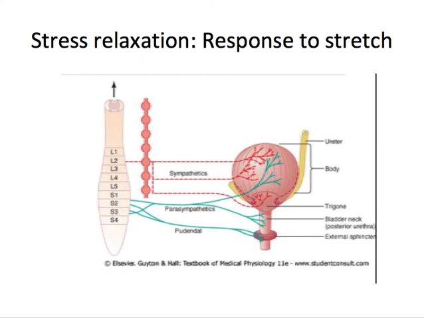Because of this phenomenon, organs such as the stomach and bladder can temporarily store contents. Keep in mind that skeletal and cardiac muscle respond to stretch with a more forceful contraction.